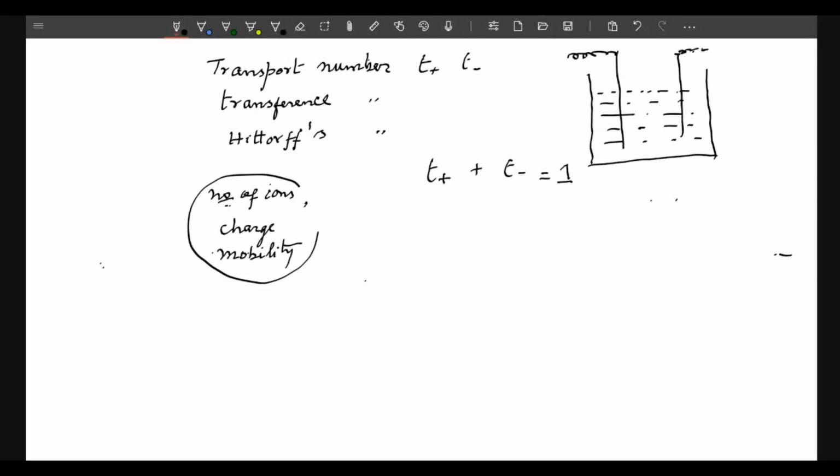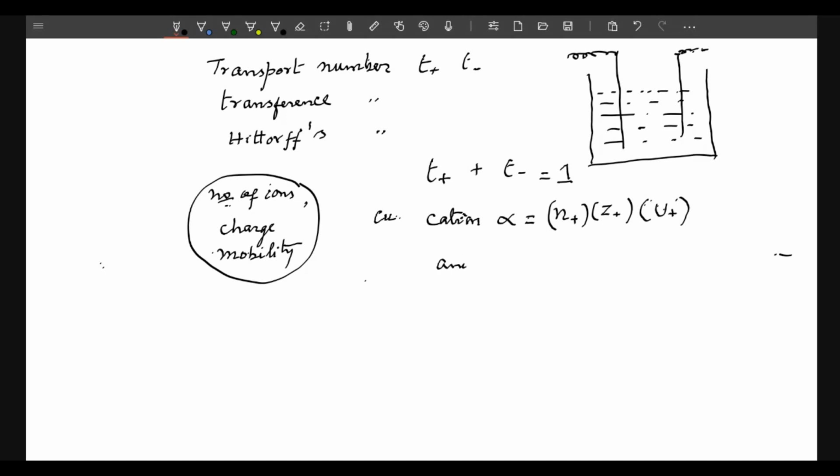Therefore, these three parameters decide the current conducted. The current conducted by the cation is directly proportional to the number of cations present in the molecule, n plus, into the charge of each ion, Z plus, into the mobility of that cation, U plus.